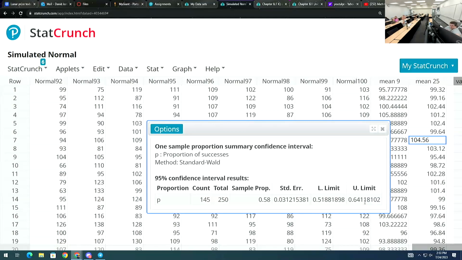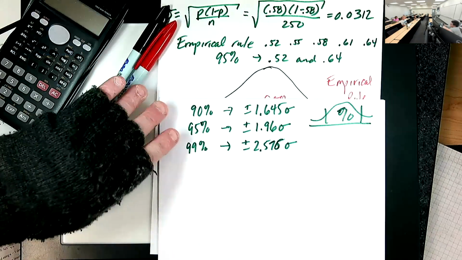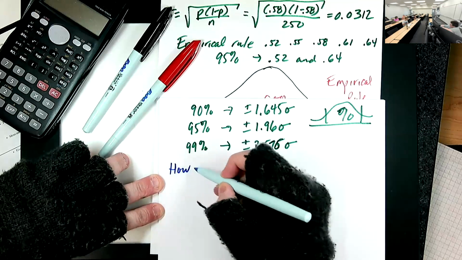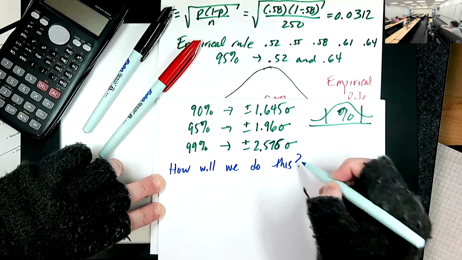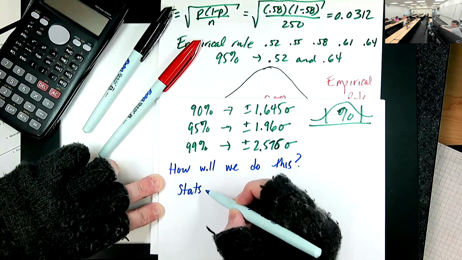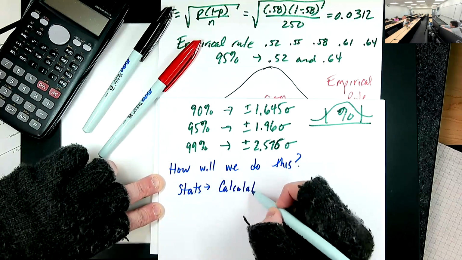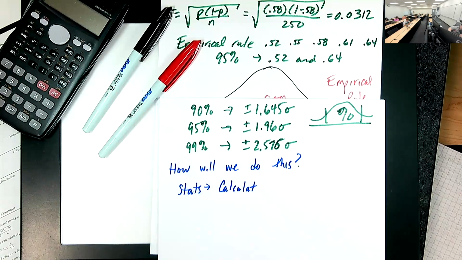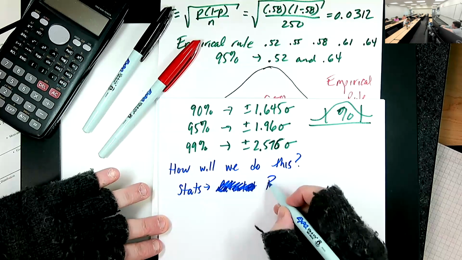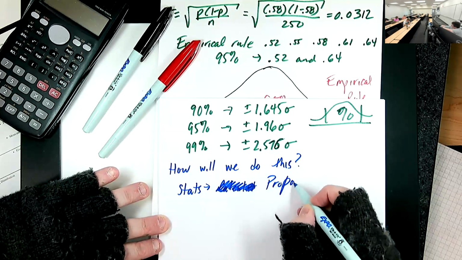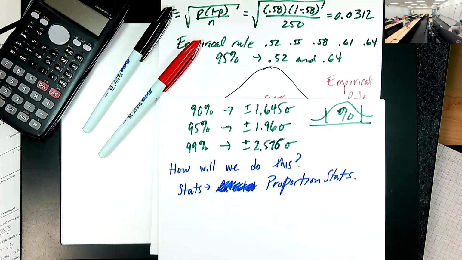So, let's write that down. How do we do it? Stats, calculators. Is it calculators? I just said it. Nope, not calculators. Stats, Proportion Stats. And at that point, you're given a couple options.